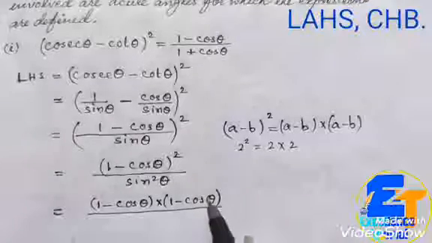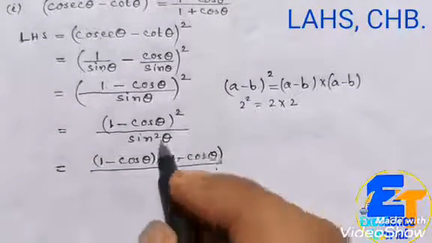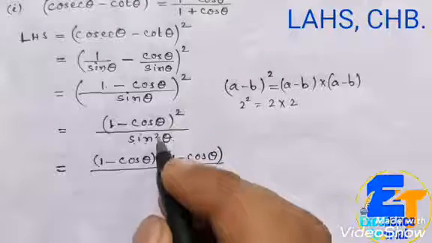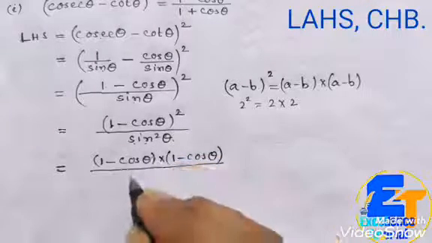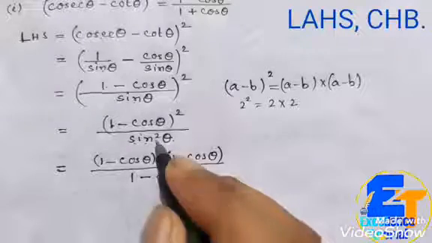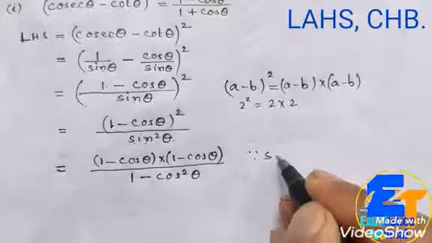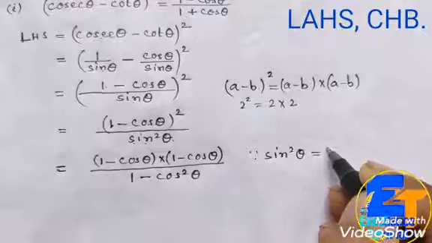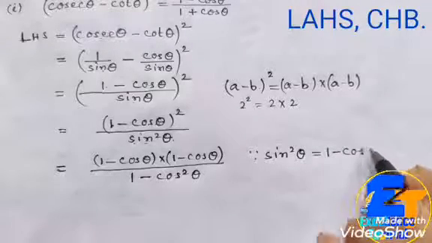So in this way we have expressed it, since a square sign is there. So here, in the denominator place sine square theta, we write 1 minus cos square theta. See here, we have used this trigonometric identity, sine square theta equals 1 minus cos square theta.